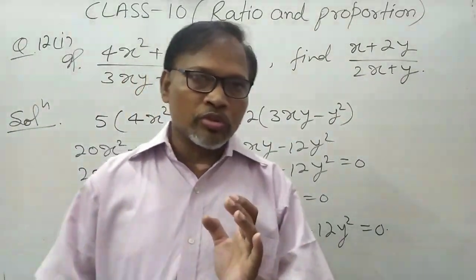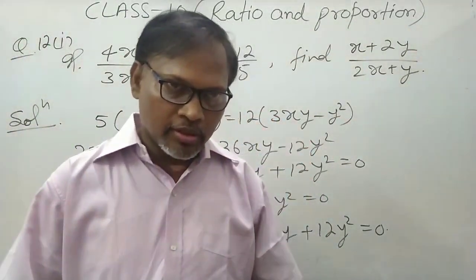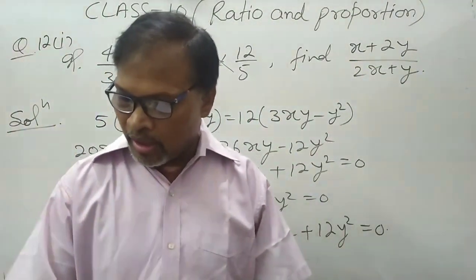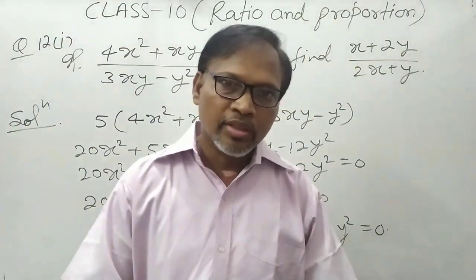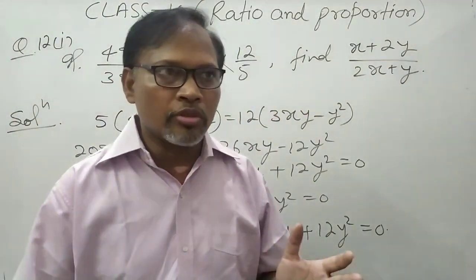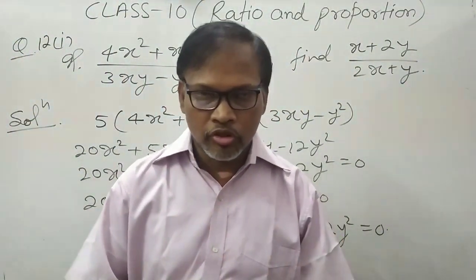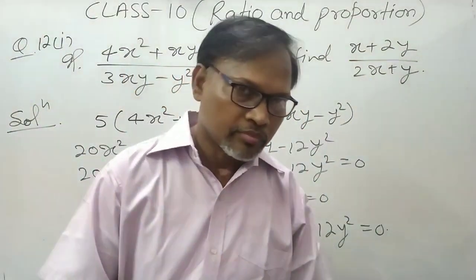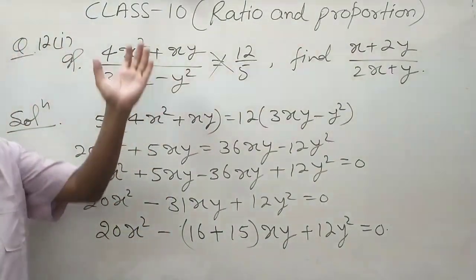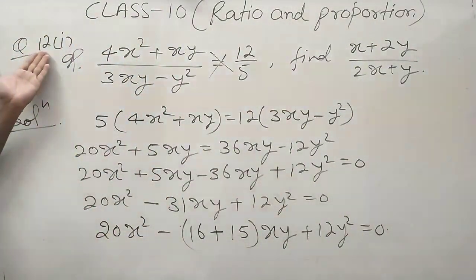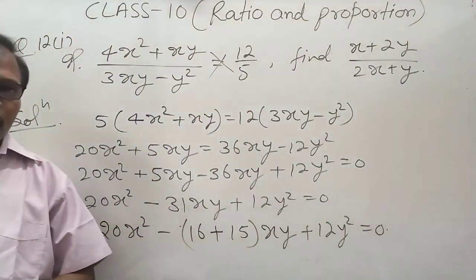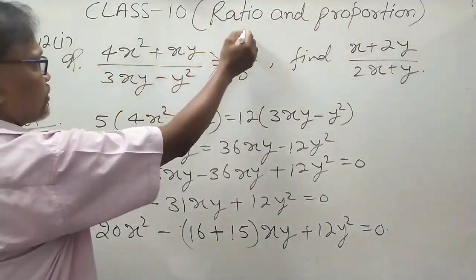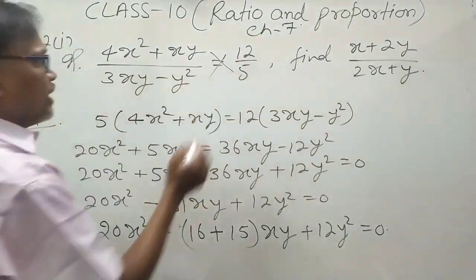Today I will tell you some more questions of this exercise in which you can use the rules. The first question I have written here is question number 12, first part, exercise 7.1. This is chapter 7, as you know.